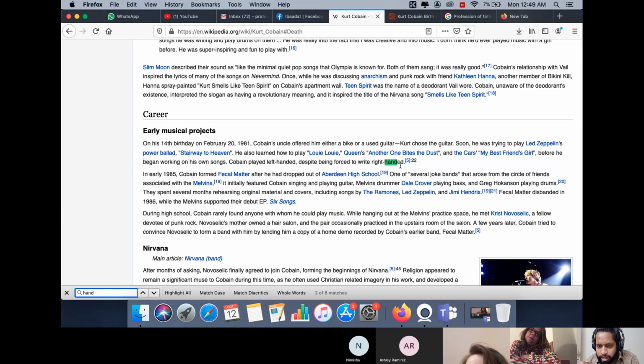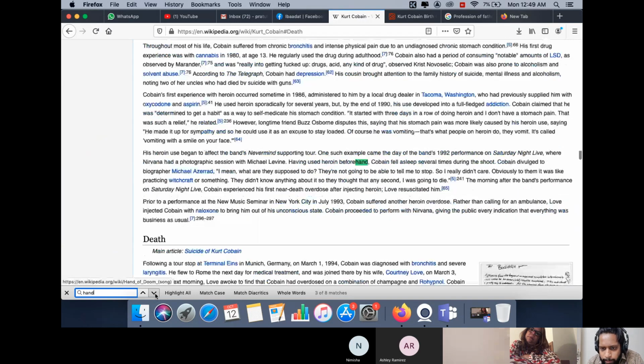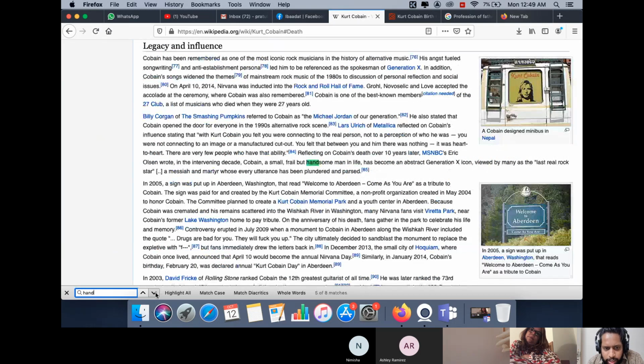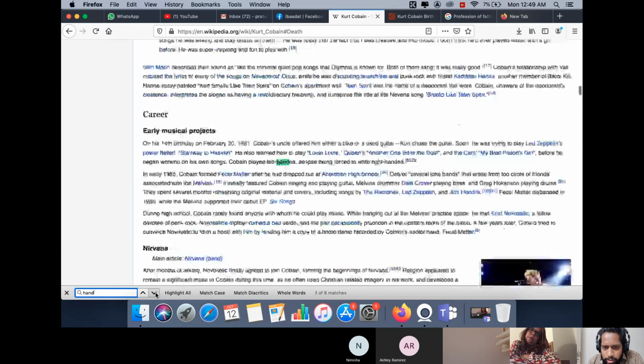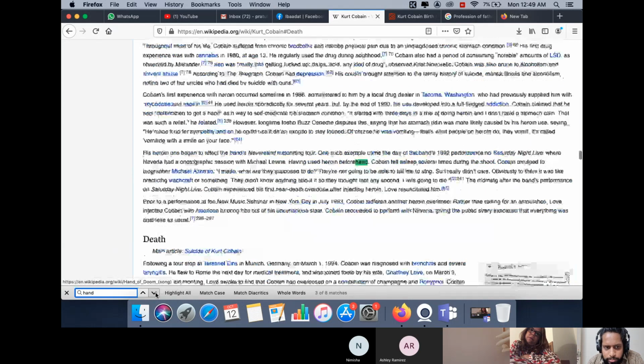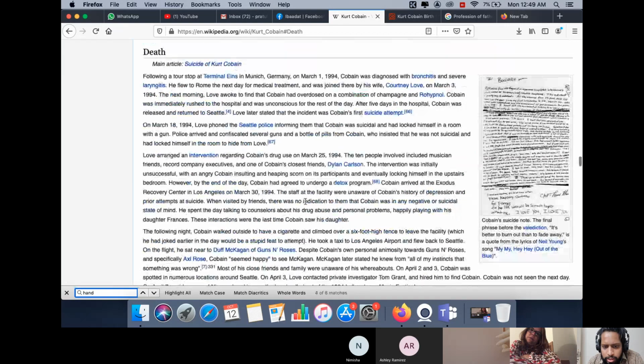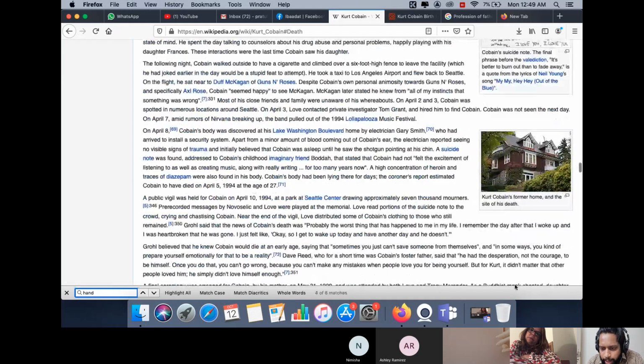But he used to write with the right hand. Oh, okay. That's what I'm finding. The right hand must be there in the killing. But I think they have not mentioned anything related to the hand in the death part. But my prediction is that he must have killed himself with the right hand.